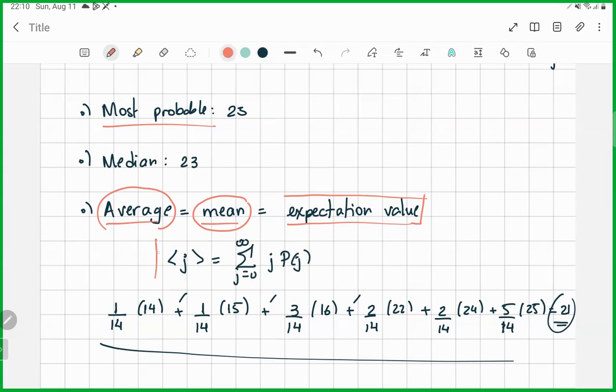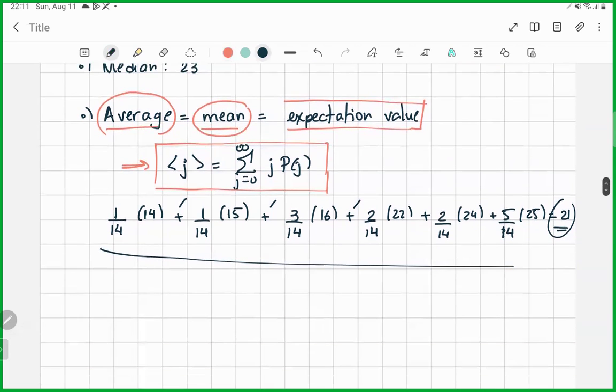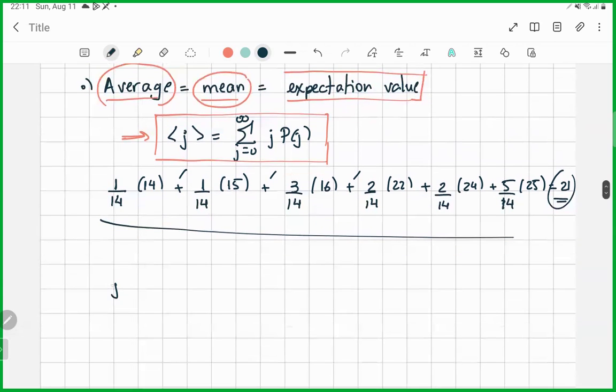So this is the equation that we use to compute the mean, to compute the average, and as I said, in quantum mechanics, we'll be using the term expectation value. Well, now that we know how to compute the mean of age, for example, or this quantity j, I can compute the mean of any other function of j. A possible function of j is j squared.